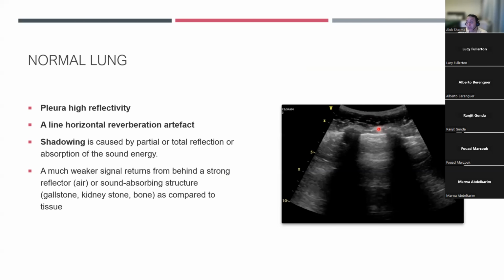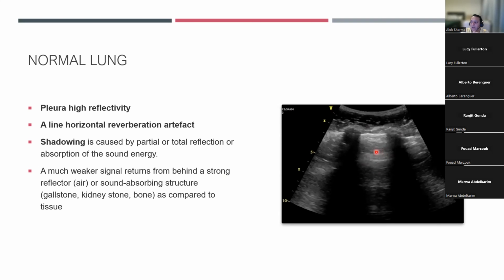Well, the reason is because you have a significant difference between the acoustic impedance of this tissue fat and the pleura over here, and that is causing reflectivity, which is causing the pleura to appear bright. But it's also shaking the pleura, and that is producing sound waves. As these sound waves are produced, they naturally interact with each other to produce these horizontal artifacts, which are reverberation artifacts. So you can just assume that there is shaking here, shaking here, shaking here.